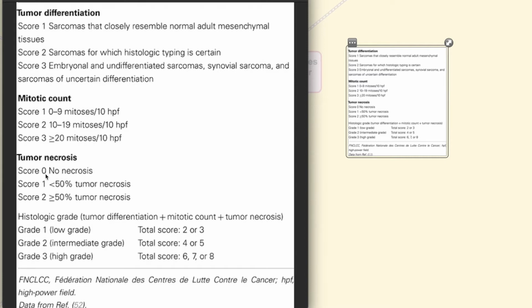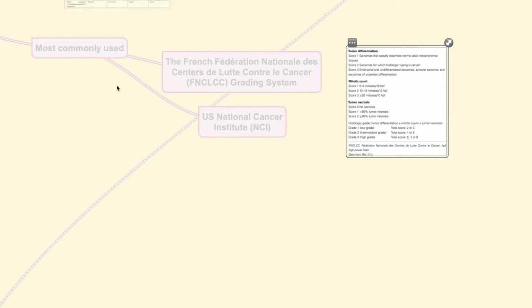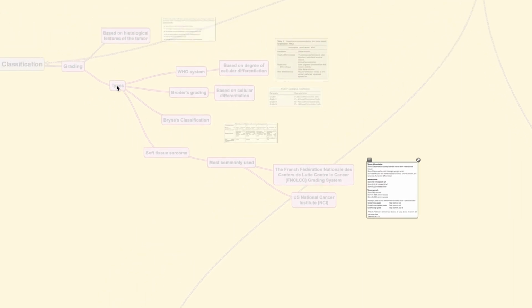When each score is summed up, with a total score of 2 or 3, the tumor can be determined as low grade. With a total score of 4 or 5, the tumor can be determined as intermediate grade, and those with higher scores are said to be high grade. And these are all used for grading.